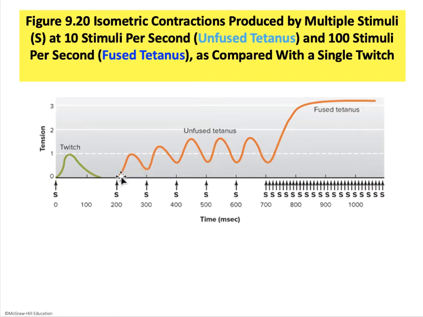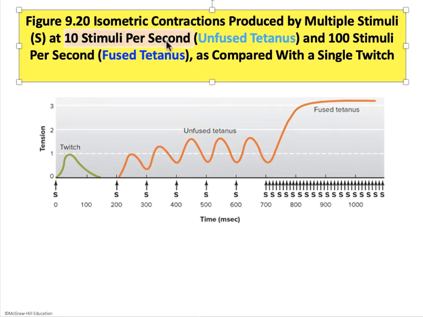You can see during this period here, the tension never returns back to normal because there's always a follow-up stimulus causing the muscle to fire again. In this case, there are no undulations, and this is called a fused tetanus. Students need to be familiar with both these terms. Here the stimulus factor is 10 stimuli per second, and here we have 100 stimuli per second.